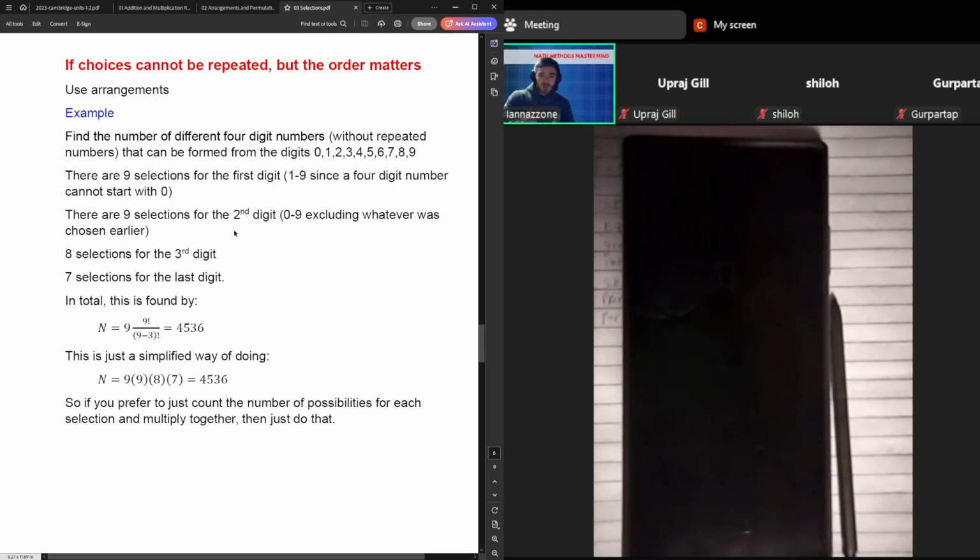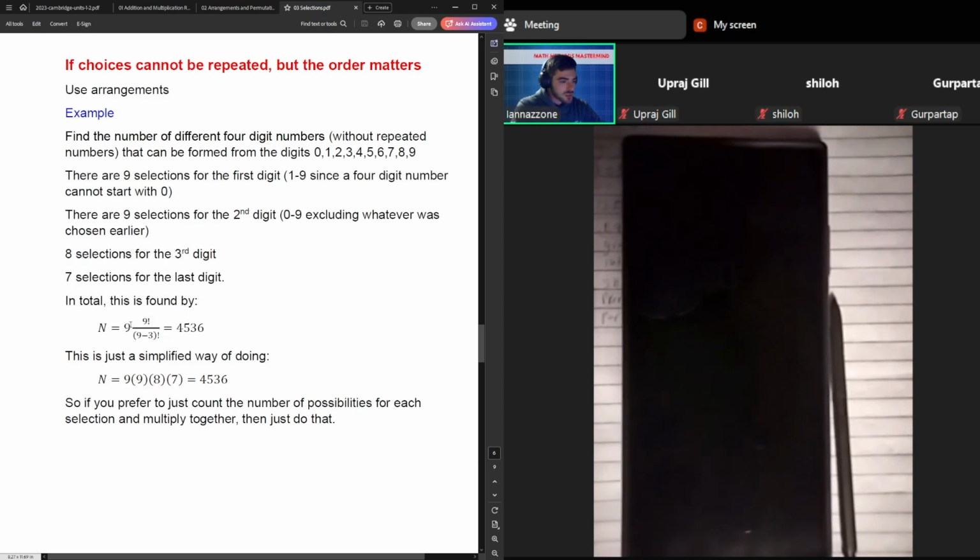We've increased the number of options by 1 because now we're allowed to have a 0 in it, but we've decremented by 1 because whatever number we chose before, we cannot now use again. That's why it's 9 and then 9. The rest of it's making enough sense after that though. We've chosen 2 digits, that means there's only 8 left for the third, and then 7 left for the last.